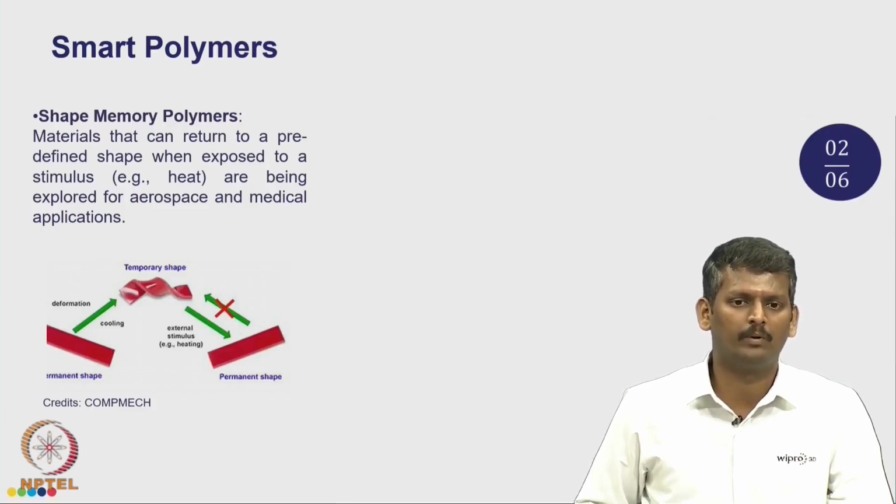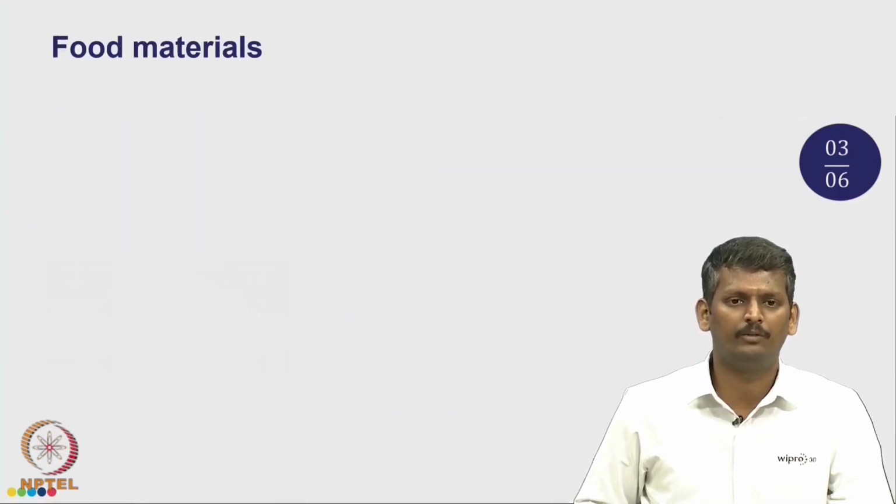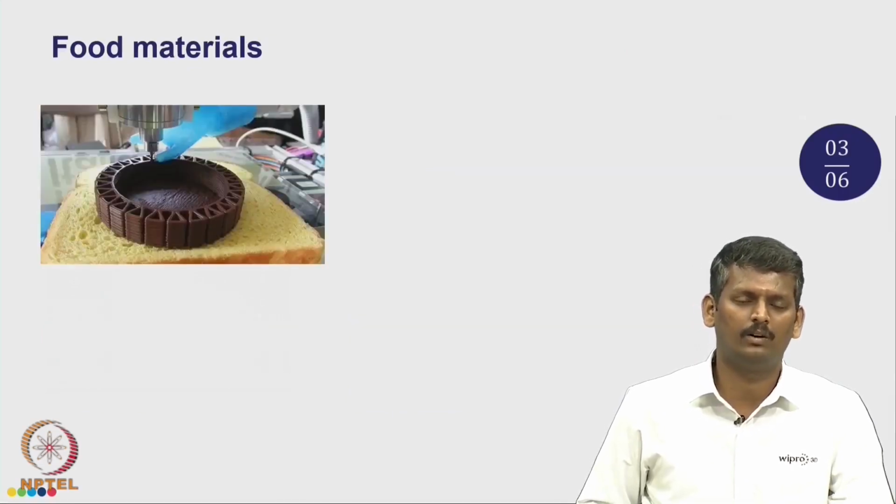If we make any deformation, by providing a stimulus like heating, it is able to regain its original shape. Then we have seen self-healing polymers, which can heal by themselves, because of which we get a good lifespan.